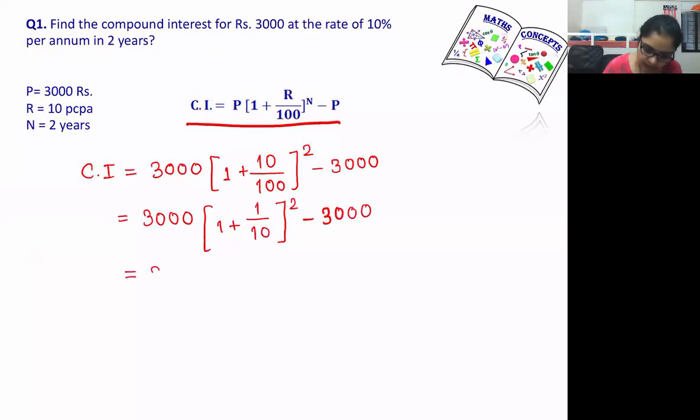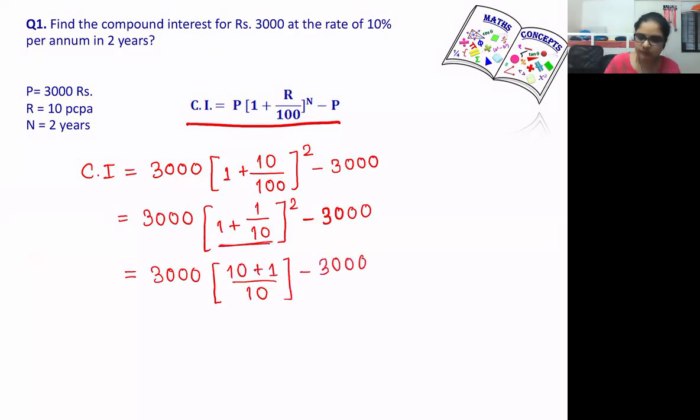Now I'll keep this 3000 as it is and I'll solve this bracket. Here I find the LCM as 10. Now 1 into 10, 10 plus 1. Let me know if you have not understood this addition. Ma'am, in the second step, we can also write 10 upon 100. Yes, that's fine.